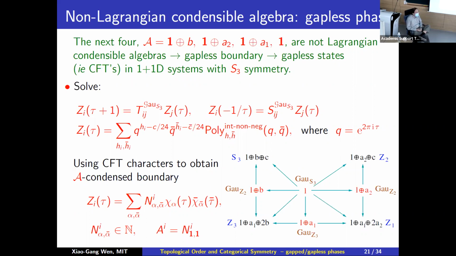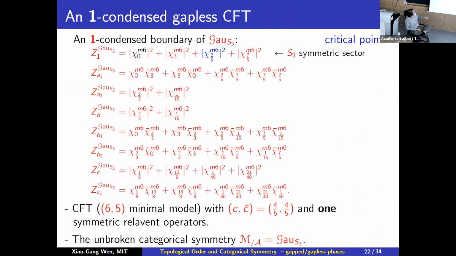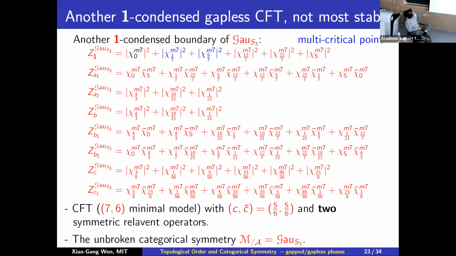Yes. Elementary question. So from one condensation, suppose I describe some Ising, so A2 condensation. Then how can I make such A2 condensation in this partition function? Yeah, it's this. So actually, I skip here.